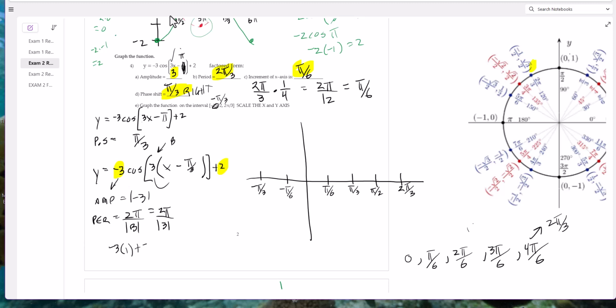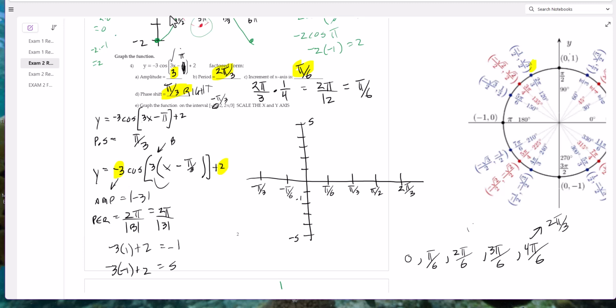If you take negative 3 times the low point, negative 1, and work that out, that'll give you 5. So your graph needs to go up to 5 and down to negative 1. You don't have to go all the way down to negative 5 if you don't want to, but we've got everything. We've got our framework built. We got our scale beautifully.